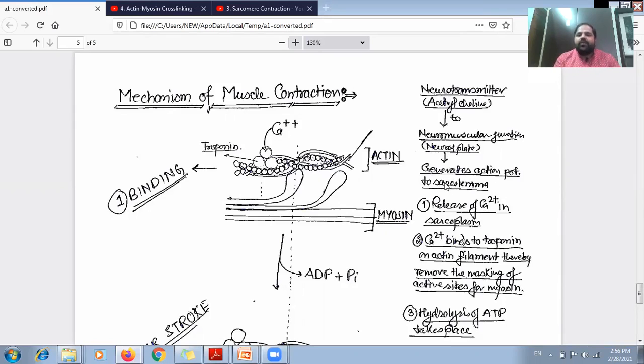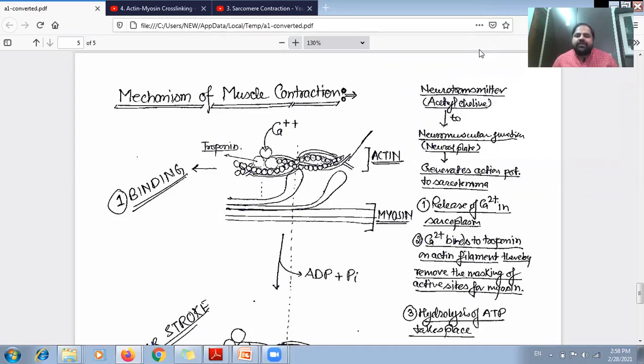So what happens when this neurotransmitter is released on the sarcolemma? Then the first step of the mechanism is the release of calcium in the sarcoplasm. What happens when the calcium is released in the sarcoplasm? The calcium binds to troponin on the actin filament, thereby removing the masking of the active site of myosin.